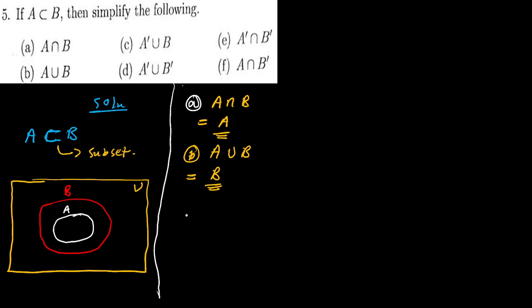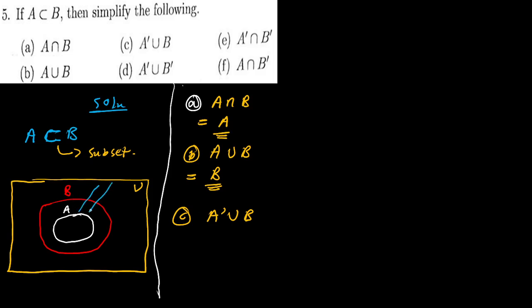So let's quickly look at C. C is A complement union B. If you look at how the set is, I can first show A complement.